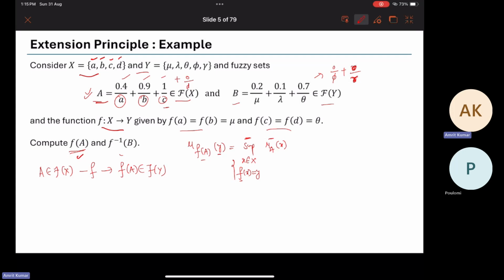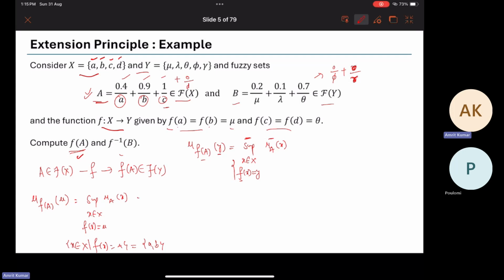So suppose I want to compute the membership of mu. So this is the supremum of mu A of x. Now we notice that the set of all x such that f of x is mu is precisely a comma b. If you look at the function f, it tells you that a and b are mapped to mu and no other elements are mapped to mu.